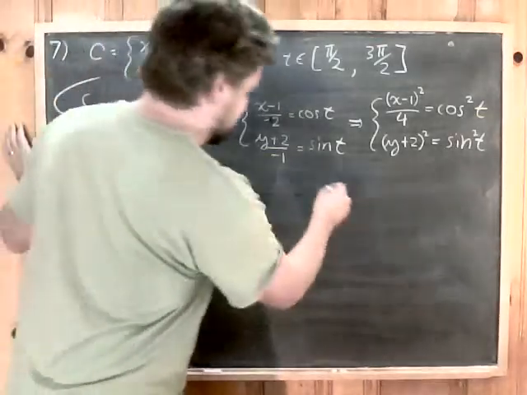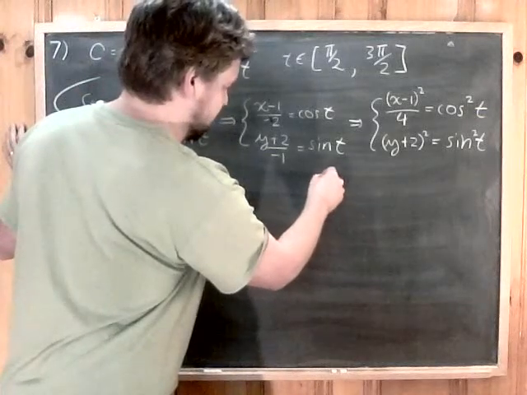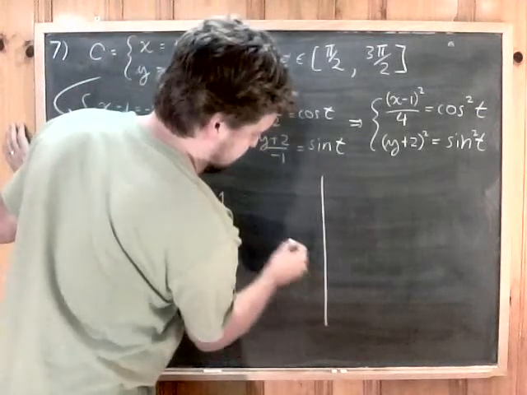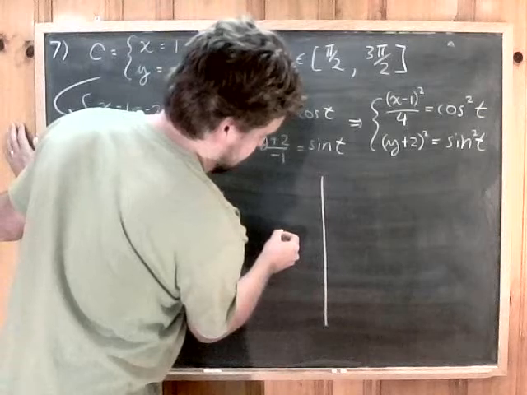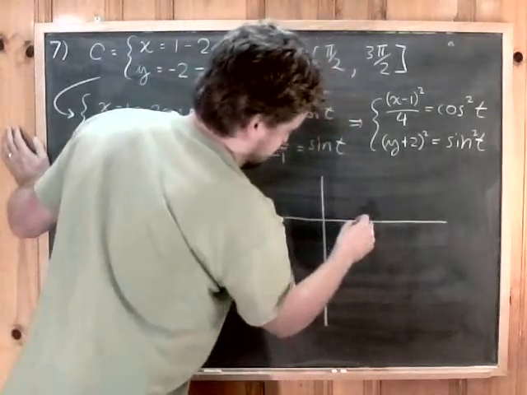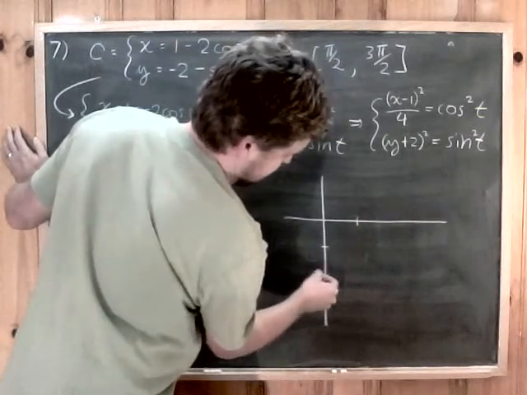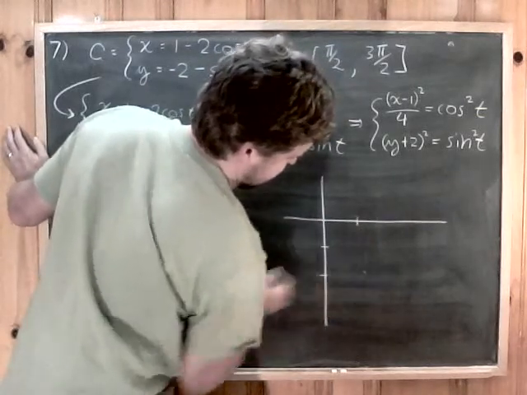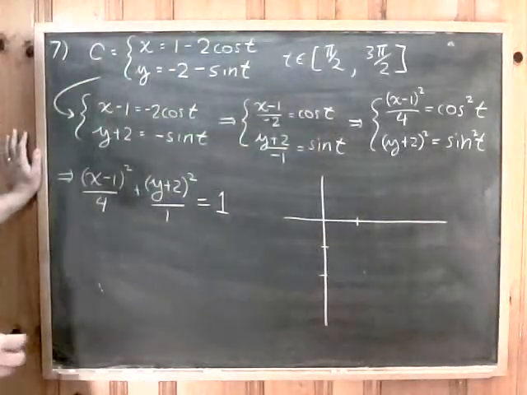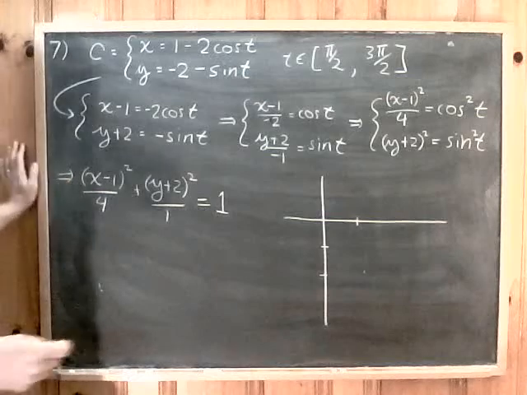So here's the picture of it. It's y equals -2 and x is equal to 1. So here's an x and y axis. Make that a little higher. So let's say this is 1, 1, 1. So here's the center, and it has a radius of 2 in the x direction.